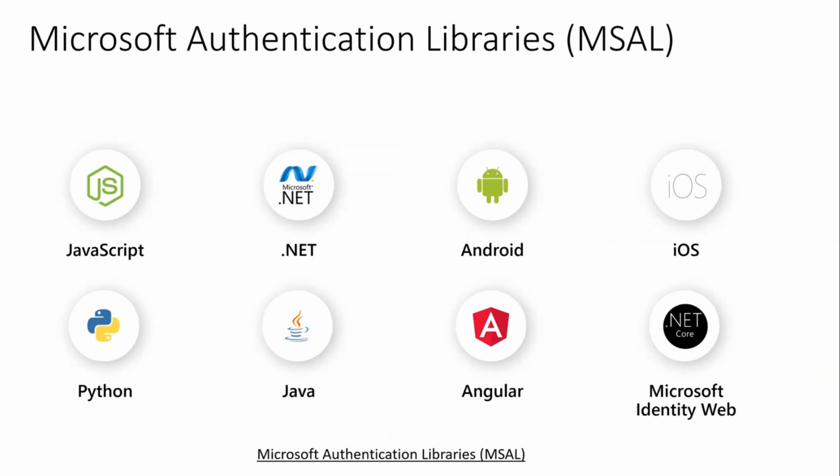We have these available for various platforms, and you will find them quite useful to program against Azure Active Directory authentication and authorization, including the feature that we are going to present here today. They abstract a lot of work for you, and we recommend that you use one of the OpenID compliant libraries, or you should give the Microsoft Authentication Libraries a try when you have a chance.